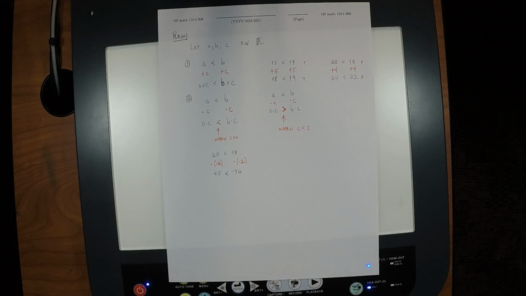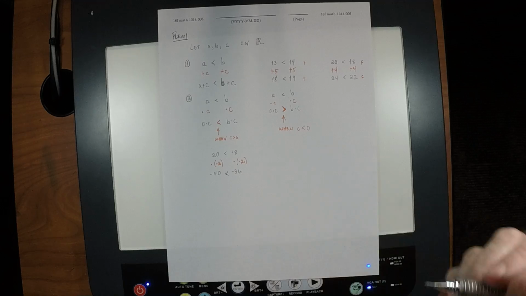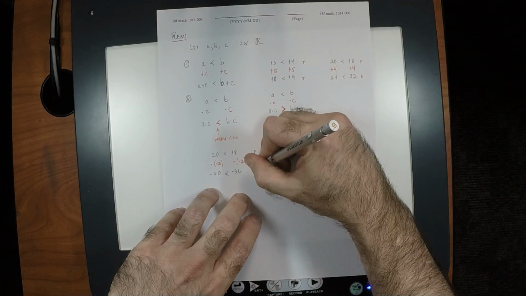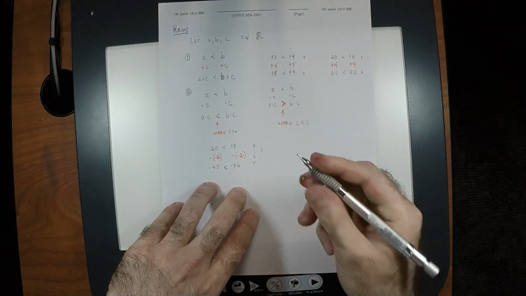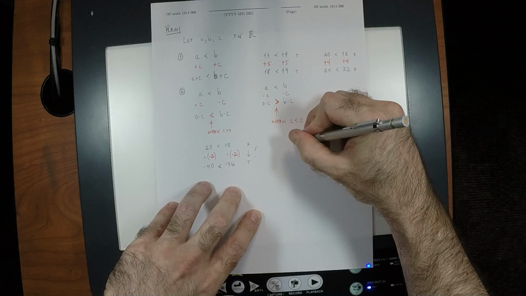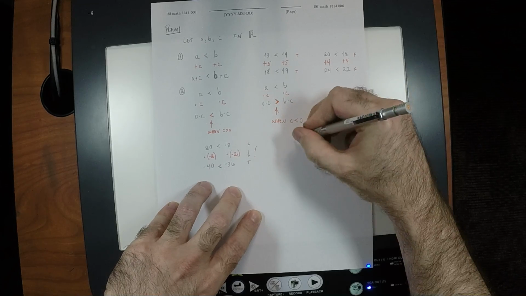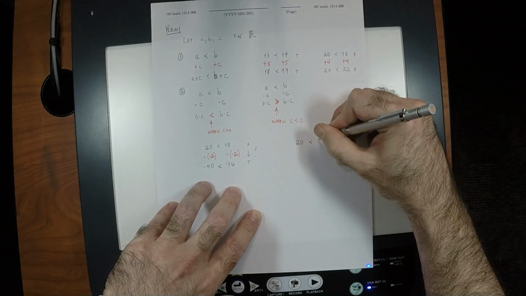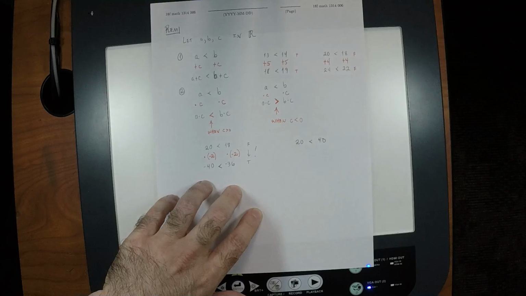That's not good when you have an equation or an inequality and its evaluation changes. So it went from false to true. So to make it right, if we had, say, 20 less than 40, so that's true, right?